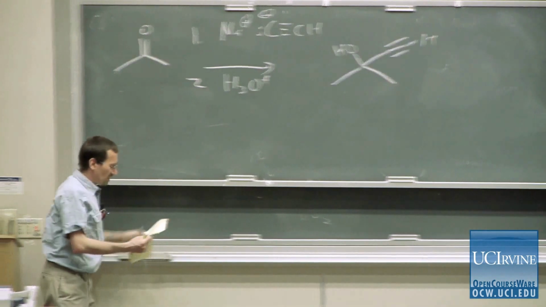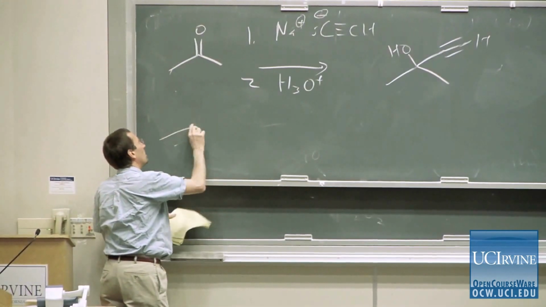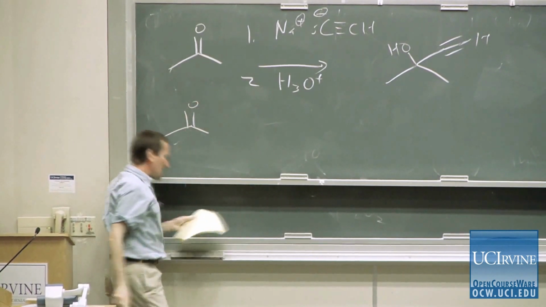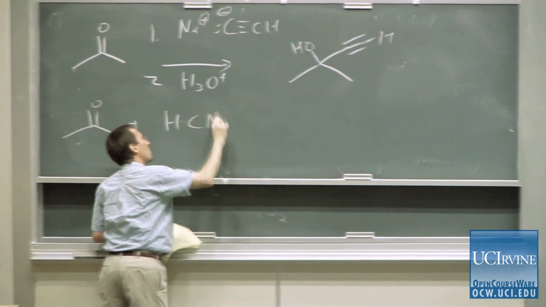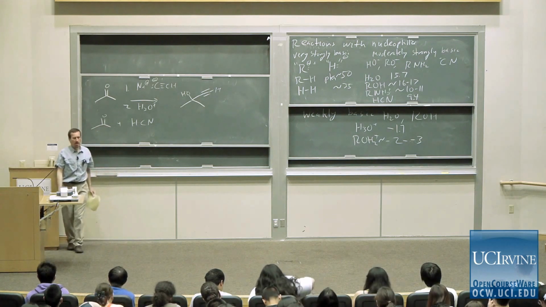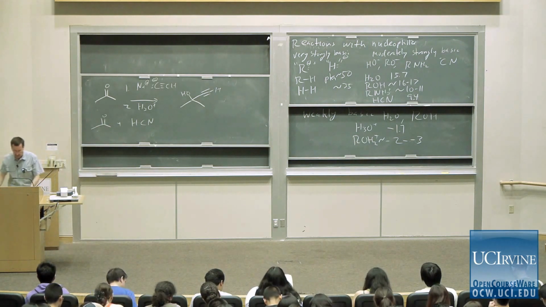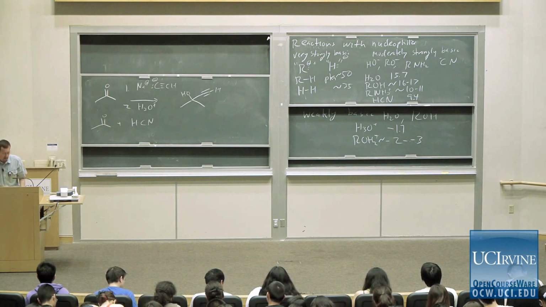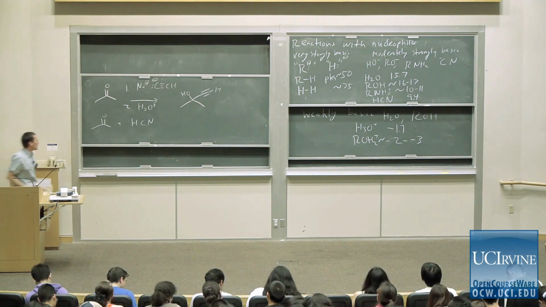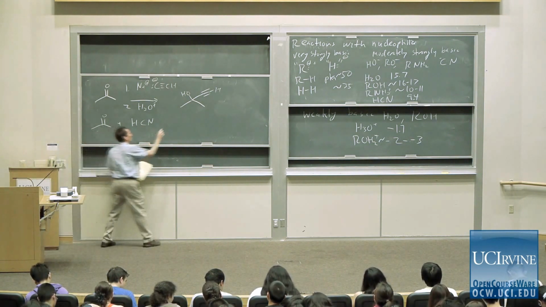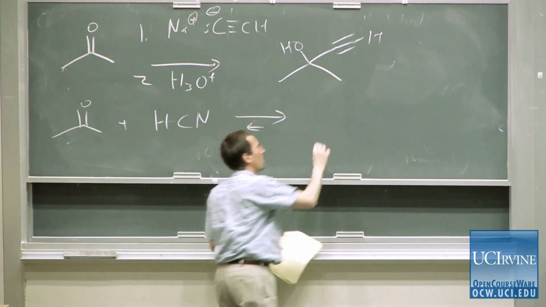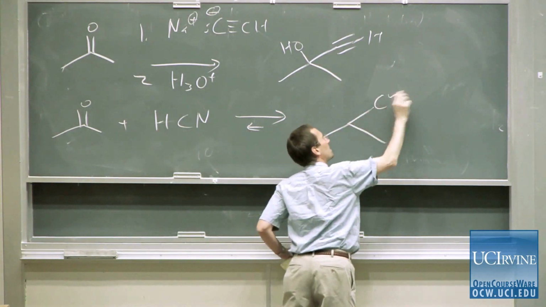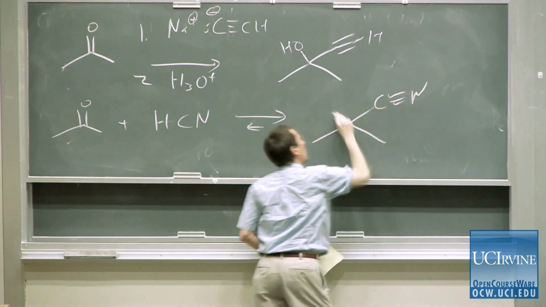And I'm going to write this first sort of in a way that may not be so obvious why the reaction is analogous. But if I treat my acetone with hydrogen cyanide, maybe a little bit of base as a catalyst, we have an equilibrium to form a cyanohydrin.